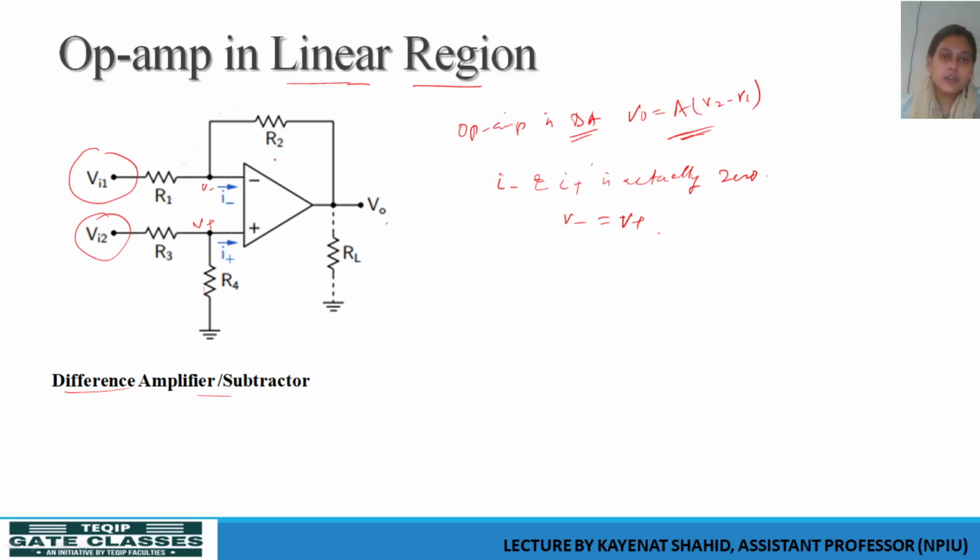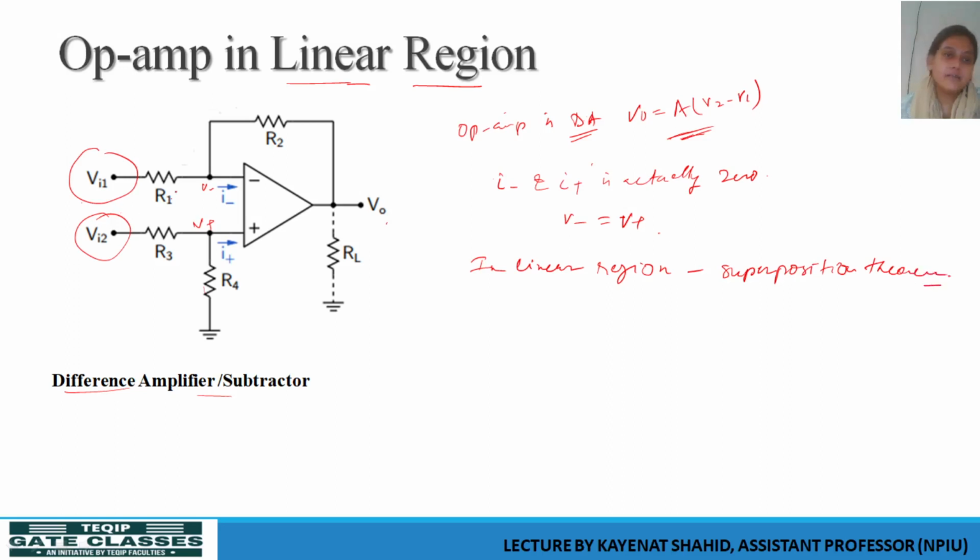So we can use both ways. If we are trying to make our life easier, we don't want to go about finding this I, then this I, and this I, and then find a relation. What we have learned is that the op-amp is working in the linear region. That means in the linear region we can use the superposition theorem.